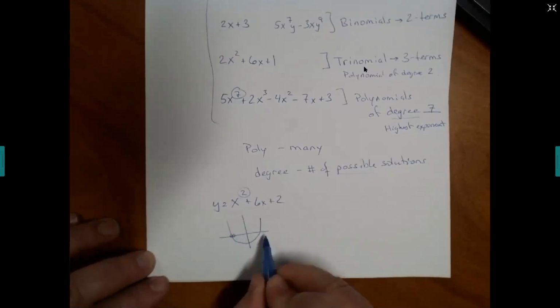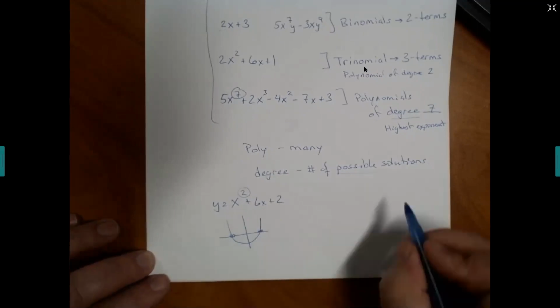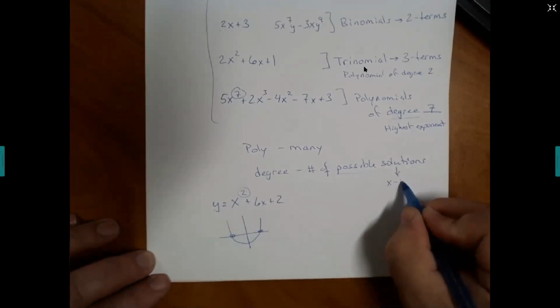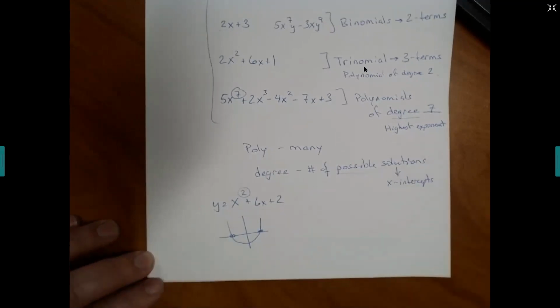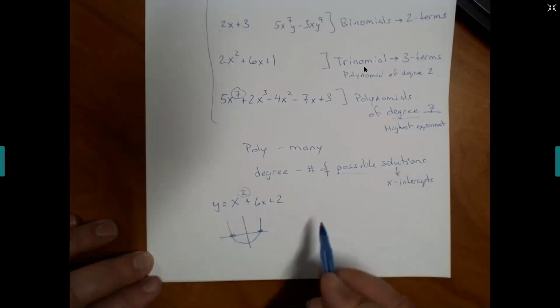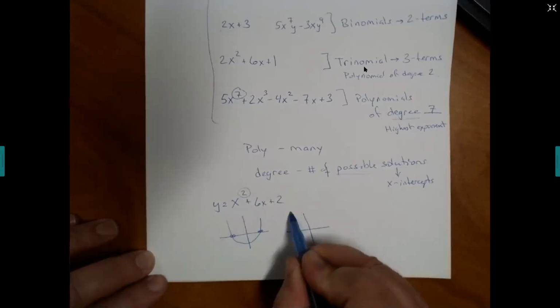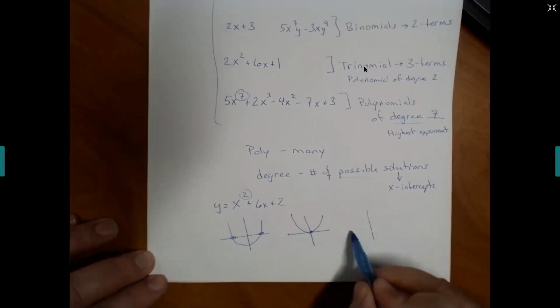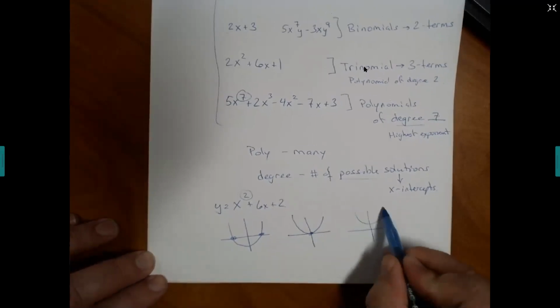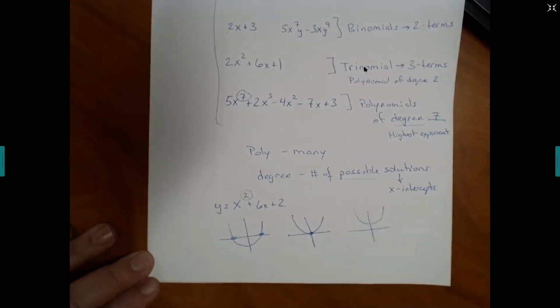Remember, solutions are x-intercepts. So we can have two solutions, only one solution, or no solutions. So that's why I say at most, we'll have two solutions.